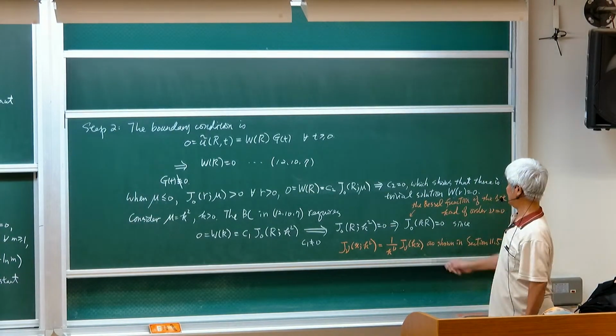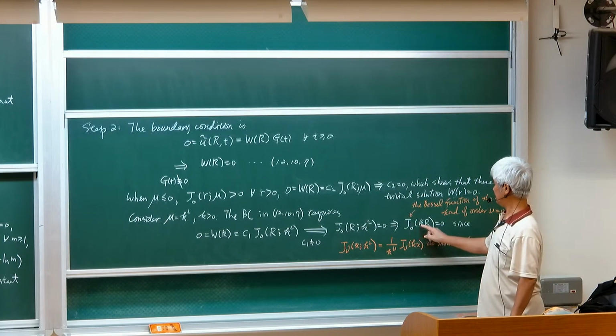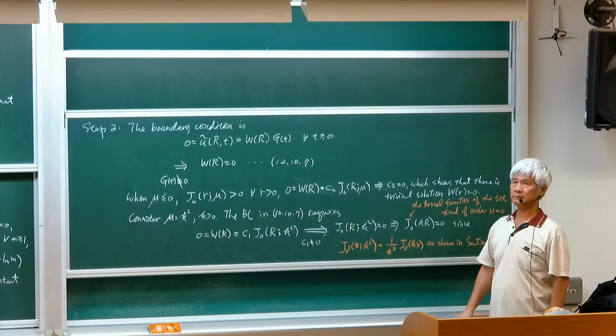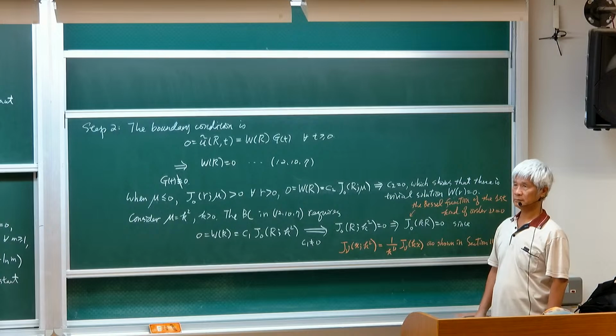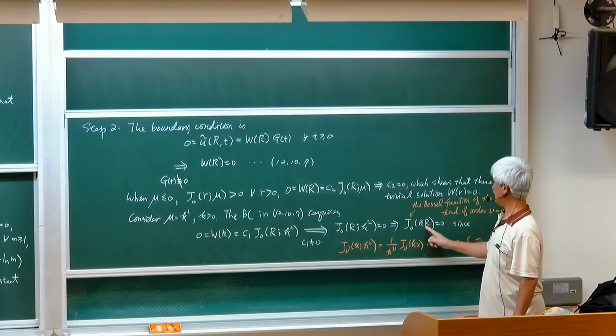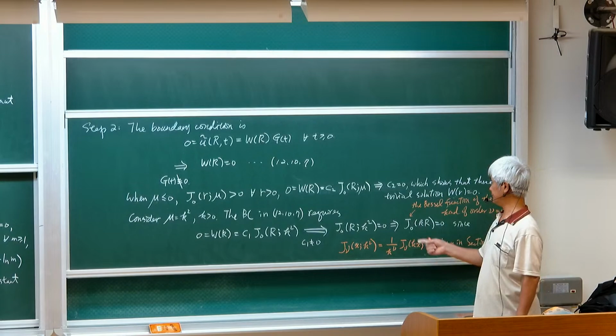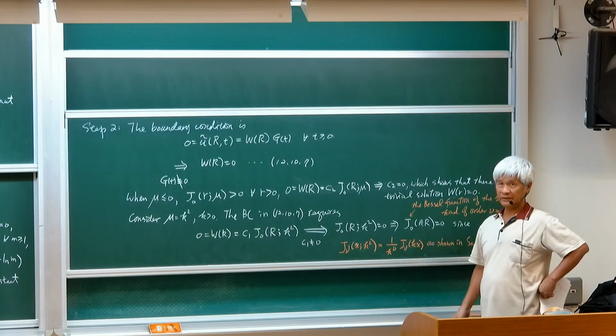So we require that J0 of kR should be equal to 0, and so kR should be a zero of this Bessel function.